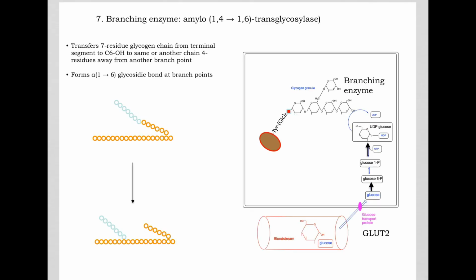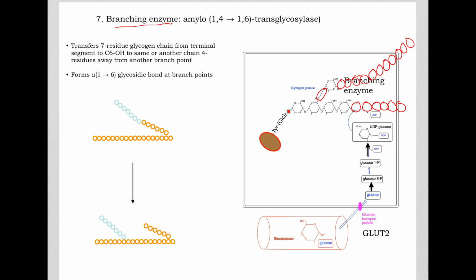While glycogen synthase makes the alpha-1,4 and extends the chains, the branching enzyme makes alpha-1,6 to make branches on the glycogen. And then these branches again can be extended by the glycogen synthase reaction.